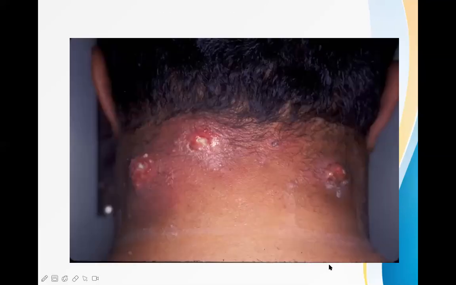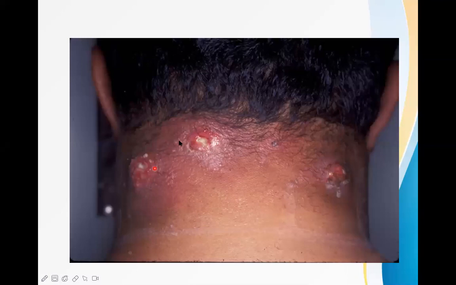Now see here, some other pictures. This is a very good one, and in many exams I have seen this type of picture included in an MCQ or a clinical type of question. Look at this area. This is the nape of the neck. Multiple lesions are there, and later on, after a few days, this lesion will slowly expand very near to this.